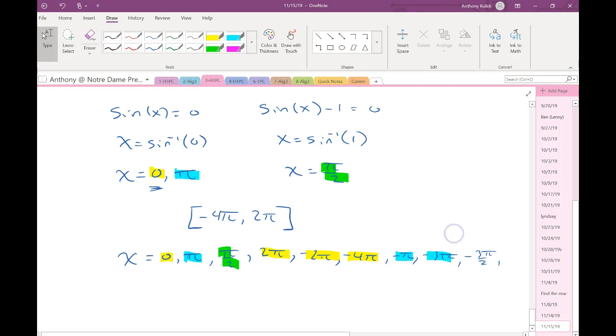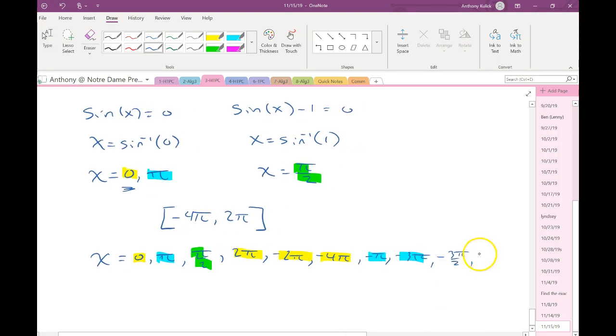If I subtract 2 pi again, I get negative, not 5 pi, 7 pi over 2. That should be there. But if I subtract 2 pi again, I am too small. So those are my answers.